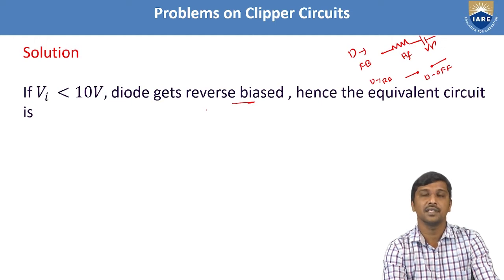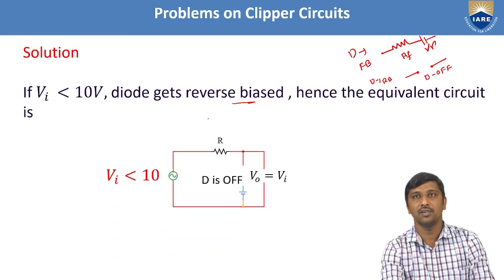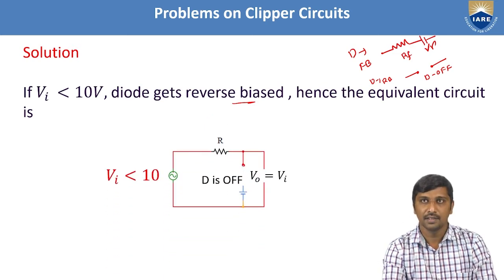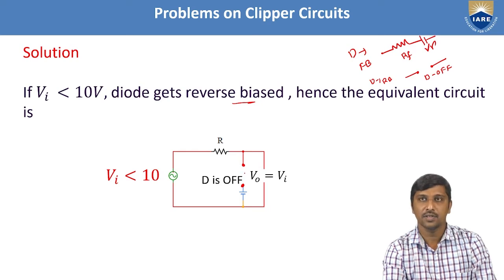It is replaced with an open circuit. So here I am going to redraw this equivalent circuit. Here the diode is replaced with an open circuit, and this point I represented as the diode being in the non-conducting state.